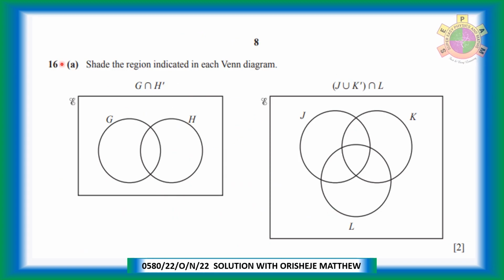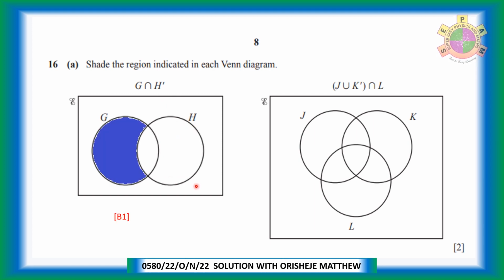Question 16. Shade the region indicated in each Venn diagram. G intersection H prime. So everybody outside H. So this is the intersection. The whole of this space here is the elements in the universal set but not in H, that is H prime.